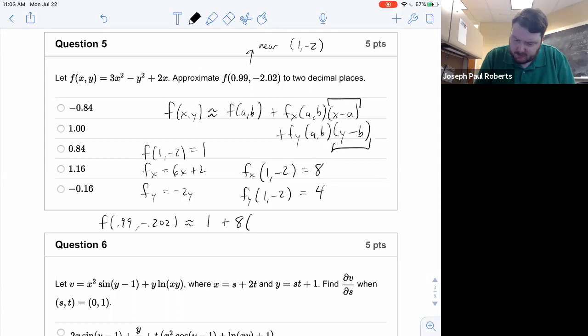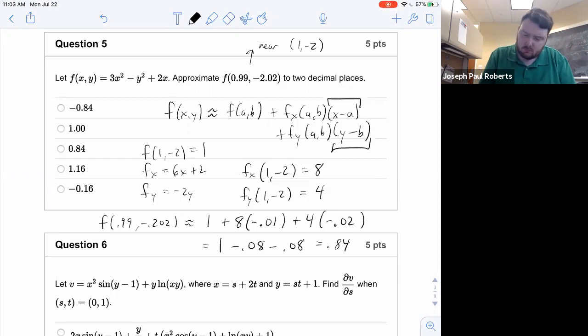Well, x has decreased by 0.01, and then y has decreased by 0.02, whatever. Plug it in. It's up to you however you get this. So 1 minus 0.08 minus 0.08 is 0.84. All right.